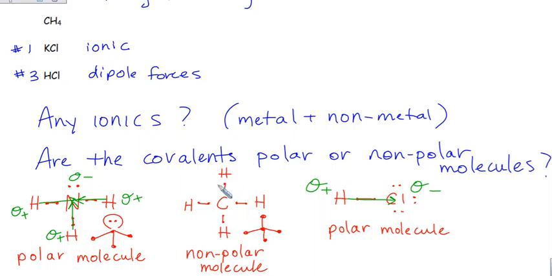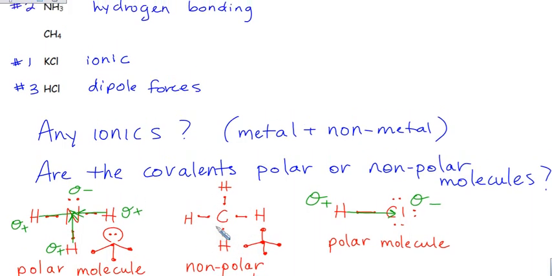Now, electrons are always moving, and so if by random chance the electrons for a split second in time are not evenly distributed around the central carbon, then we could get a temporary dipole, a temporary partial positive or partial negative. But it doesn't last for very long because the electrons are moving. And the majority of the time, these electrons will be evenly distributed around the carbon.